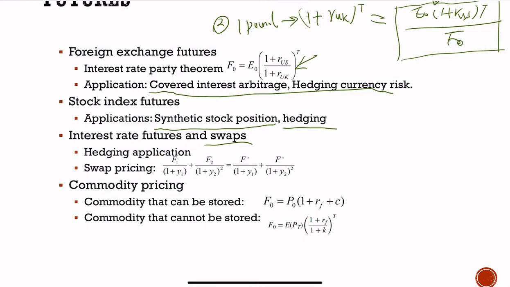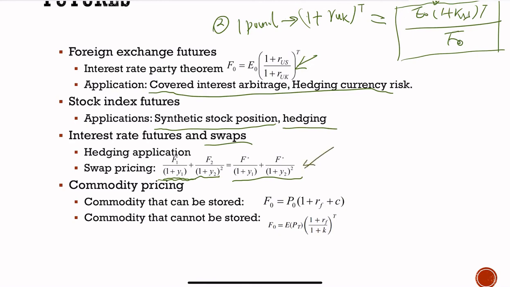So on the left hand side, you're using two futures, 1 and 2, to replicate this 2-period swap. And this F star is the price of this swap. And these left hand side and right hand side should be the same. So you get this formula here.